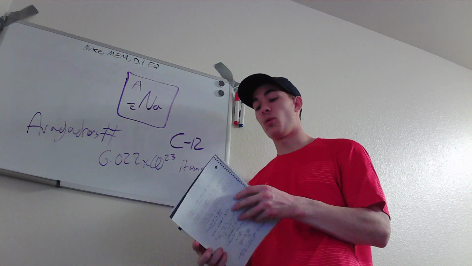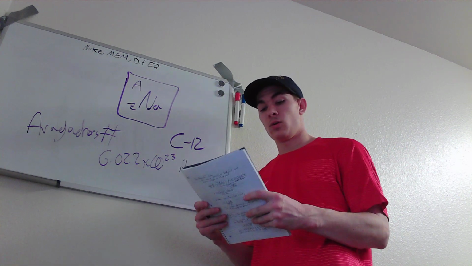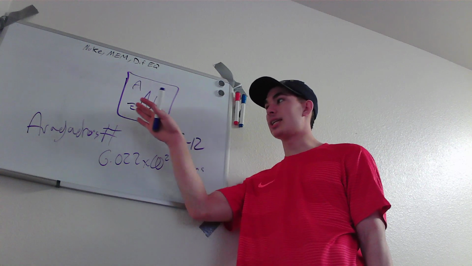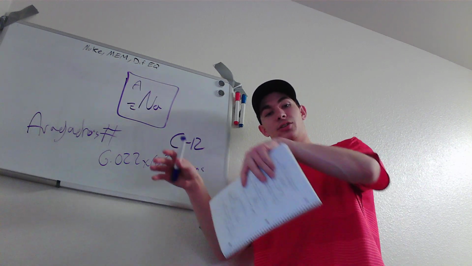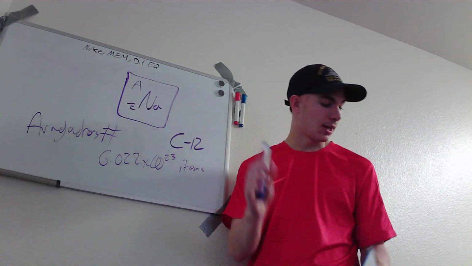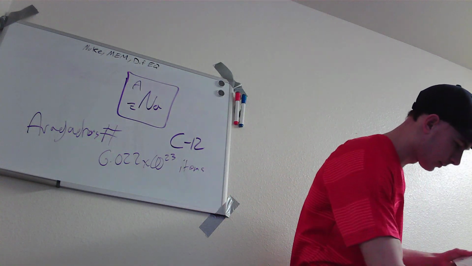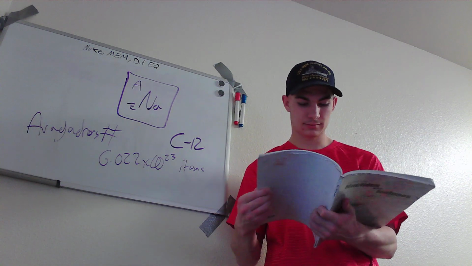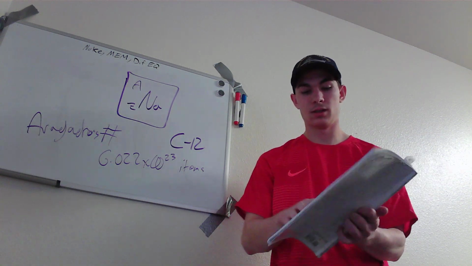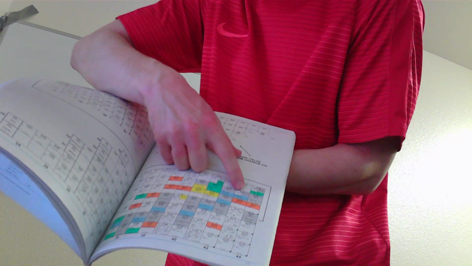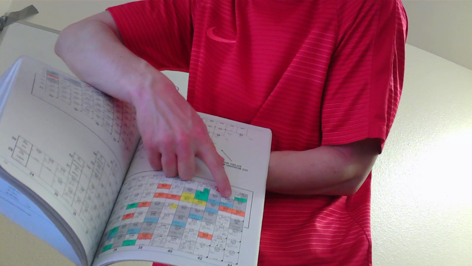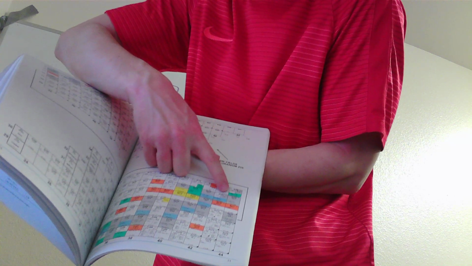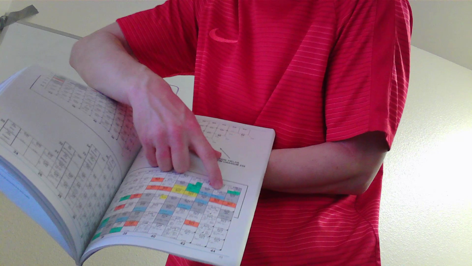Then we have isomers, which are kind of cool. They're the same Z and A number, so same protons and neutrons, but have different stability states. You can't quite see that, but this is selenium 77, and it's got 2 little boxes here. One is naturally occurring, and the other is unstable.